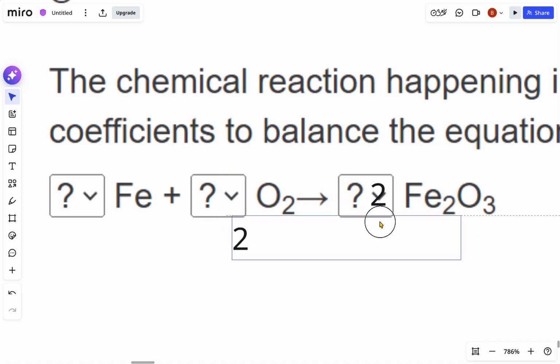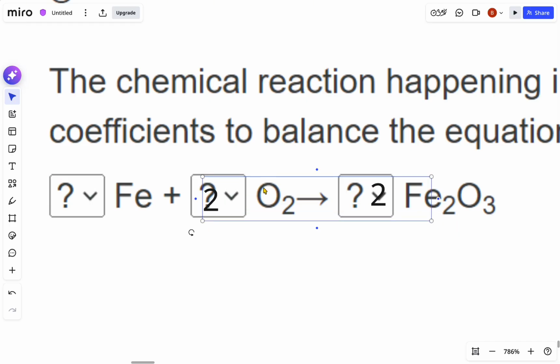So in order for us to get 6 oxygens we can just put 3 over here. We put 3 oxygens, it's 3 O2, so if we multiply this we'll get 6 oxygens.